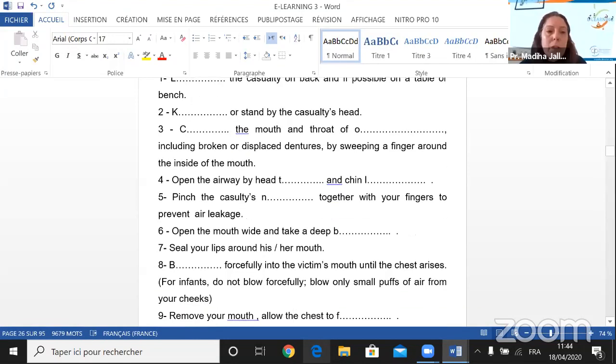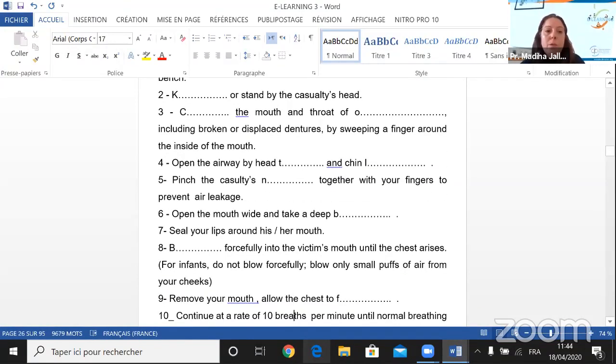Then third, C the mouth and throat of O, including broken or displaced dentures, means artificial teeth, by sweeping a finger, moving a finger around the inside of the mouth. So sweep here means to move gently. It means to clean.